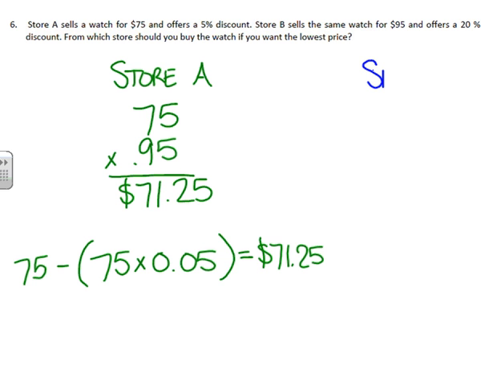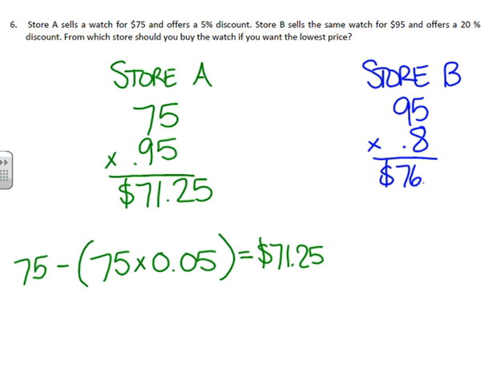Now at store B, you have a watch for $95 and you get 20% off, which means you still have to pay 80% of the price. That calculation will give you $76. Just like before, you could have done it the other way, where we do 20% of 95, and subtract it from 95.